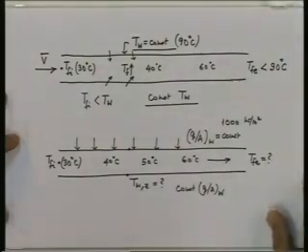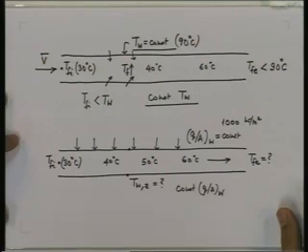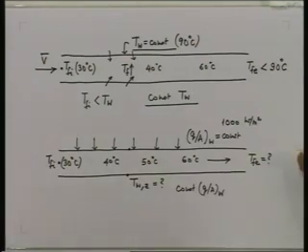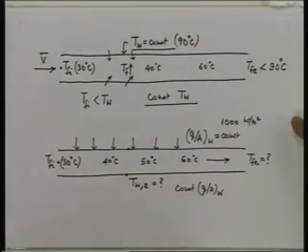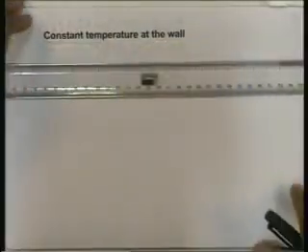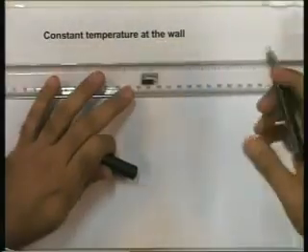We had sketched briefly what was expected in the two cases. Now let us look at the phenomena and exactly what happens in some detail. First, let us consider the situation of constant temperature at the wall. Let me sketch a tube.